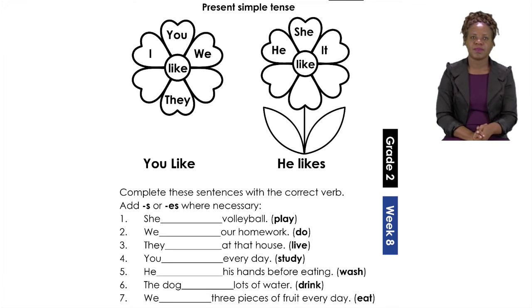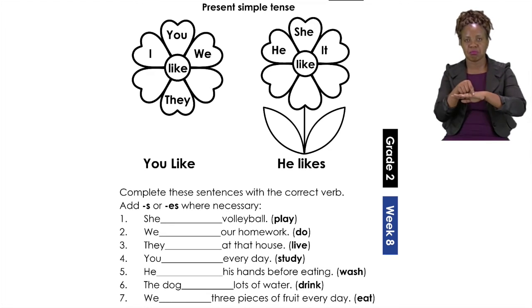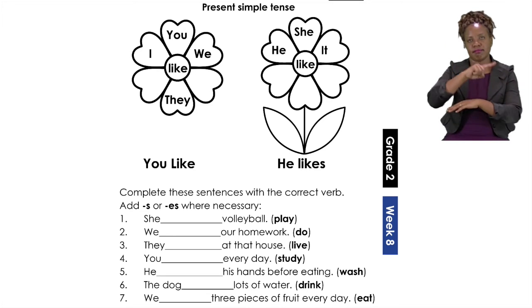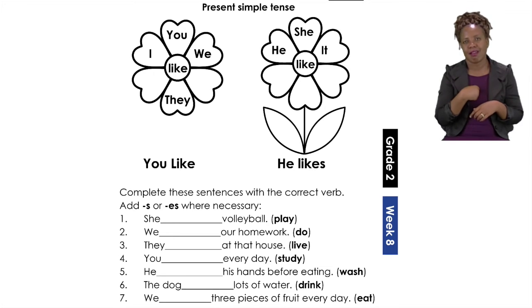Let's do number 4 together. Number 4 says, you dash every day. Now let's take a look at our flower. The first flower is where the word you is. And remember, we said if you see the word you, we, they, or I, the verb that is used does not change.